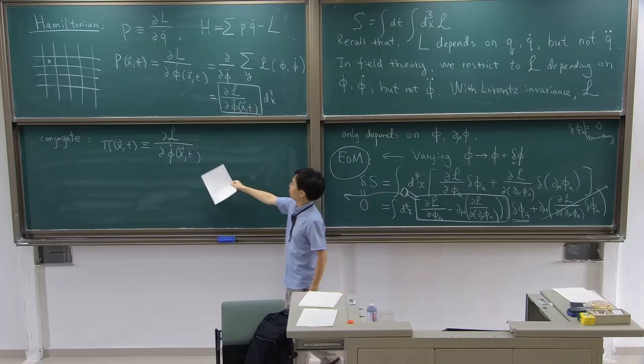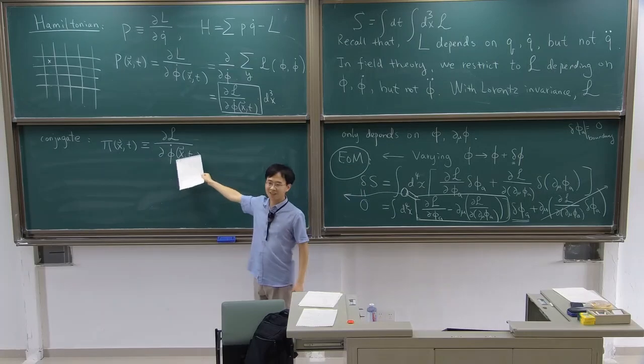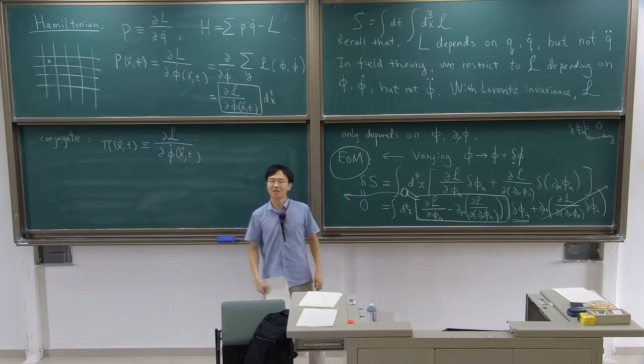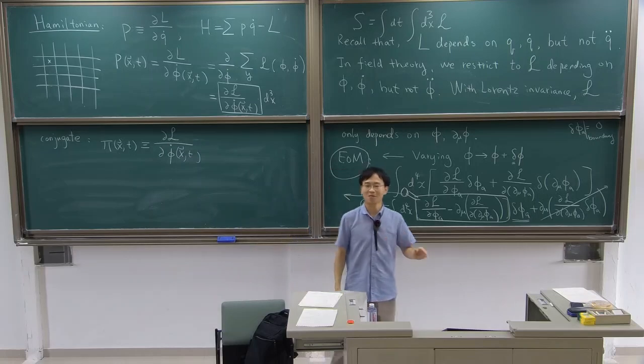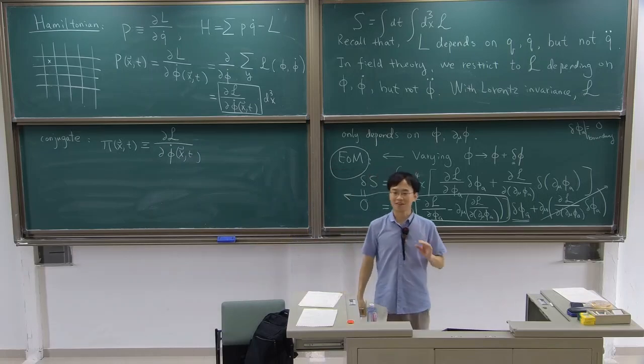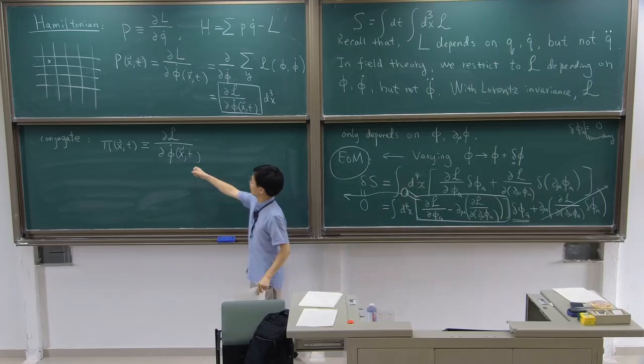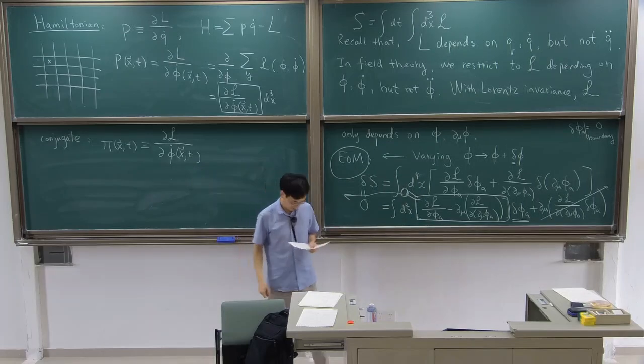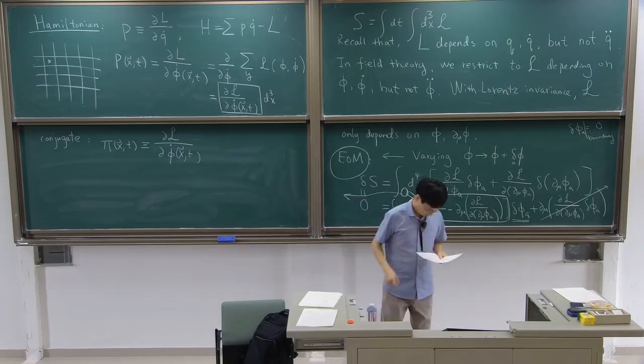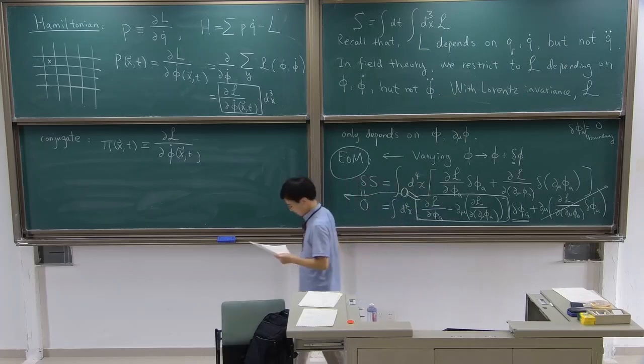Usually, many textbooks just show this definition. Think about it: in a continuous system, we can also define the conjugate variable as some density.